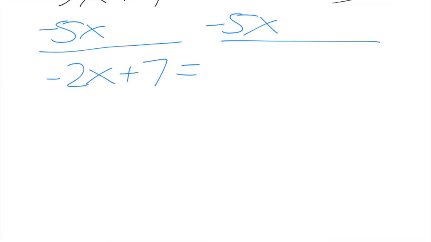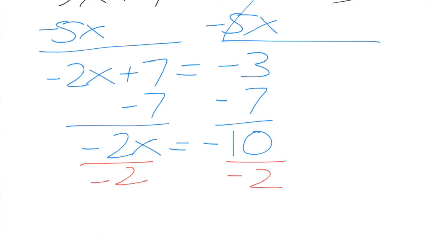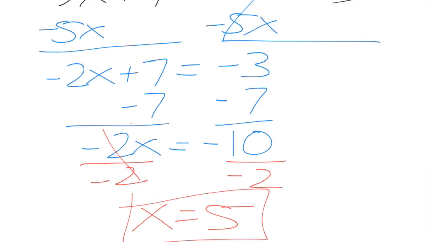Negative 2x plus 7 equals negative 3. Now subtract 7 from both sides, and I get negative 2x equals negative 10, and then I divide both sides by negative 2. And when I do that, I get x equals 5.